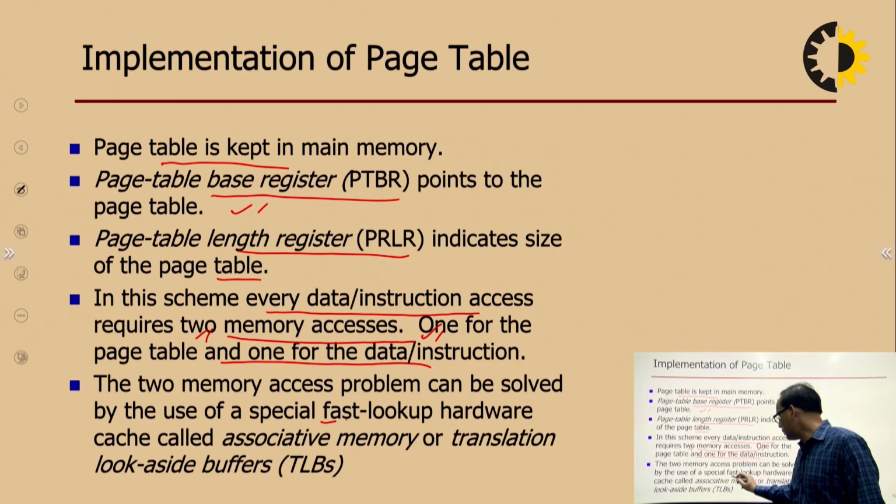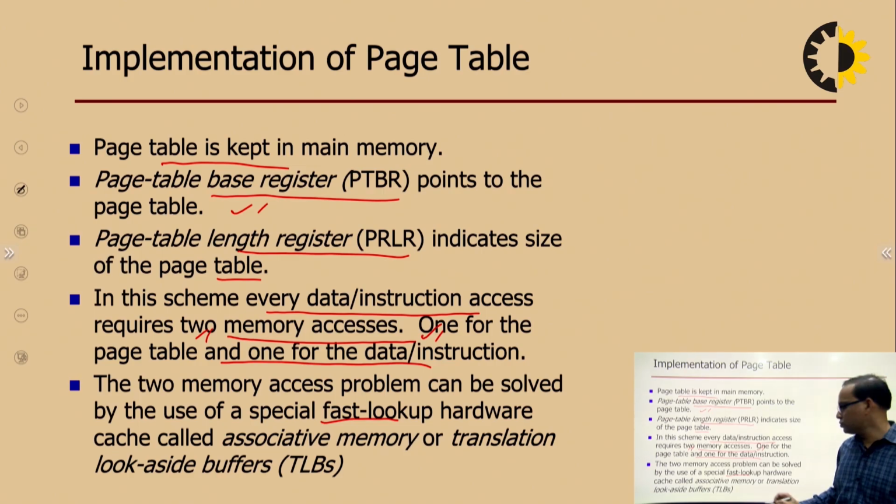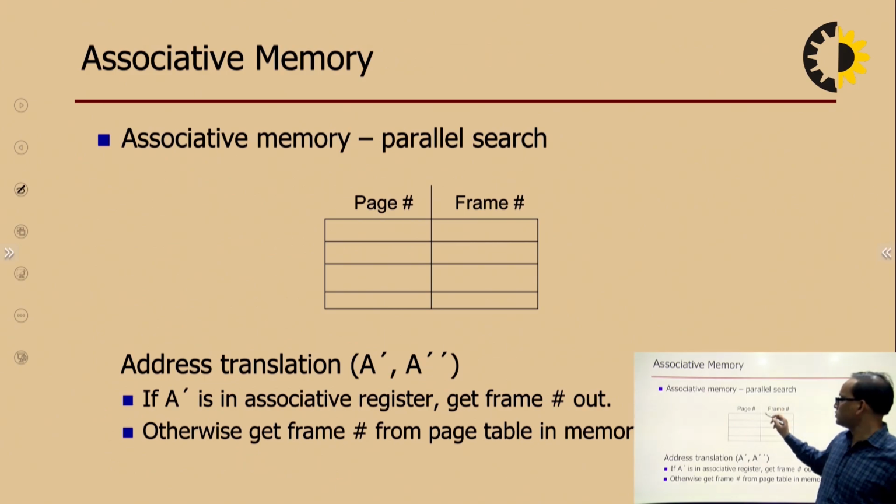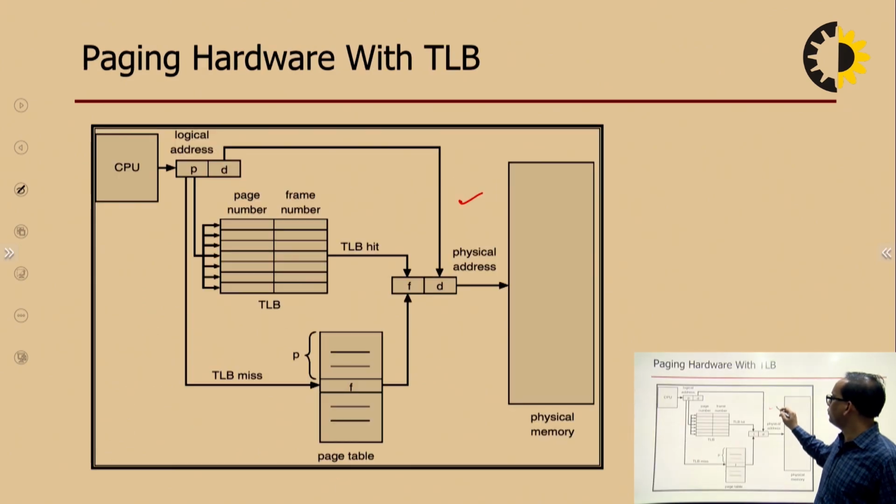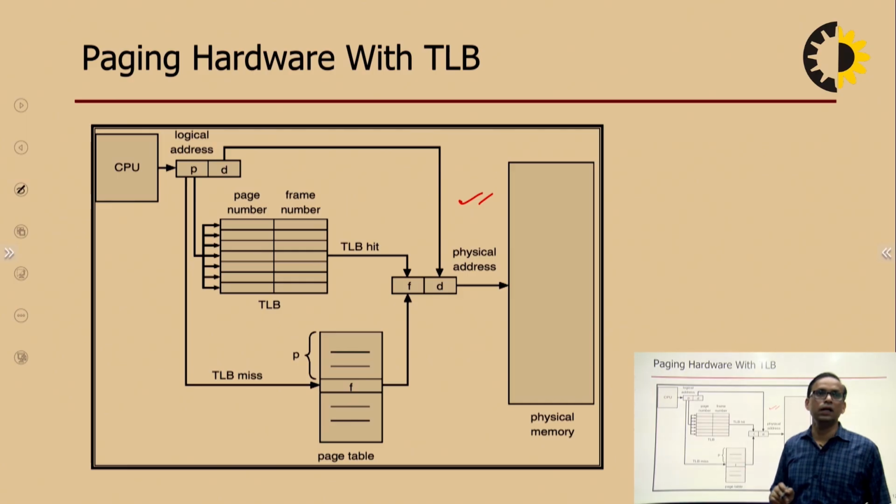And sometimes a TLB is used, which is known as the translation lookaside buffer, and it is a type of associative memory that is also used with the paging technique. This is the concept of paging hardware with TLB. What happens is that sometimes the CPU refers to the same logical address again and again.